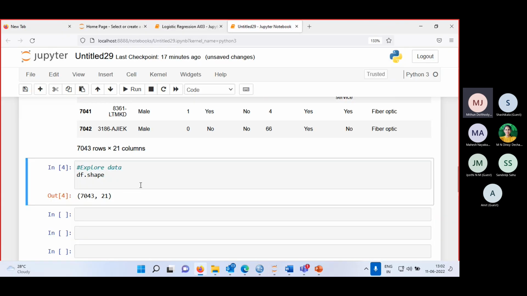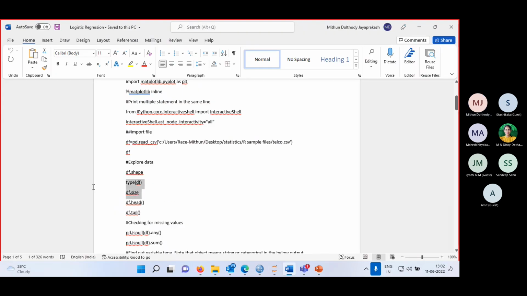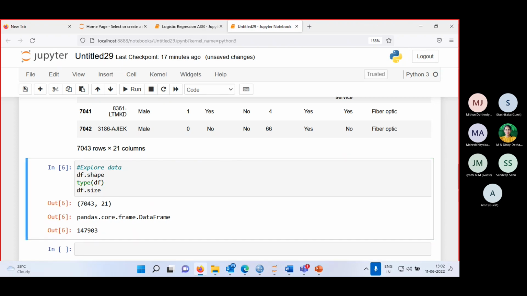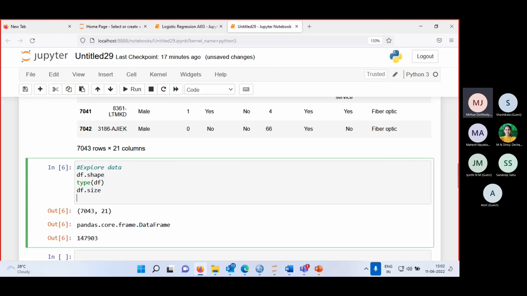Now, obviously, the type of the data set is a pandas data frame. Size: this is just giving you the cells. It's just a multiplication of 7043 into 21. df.size. Let's print out the first 5 records.